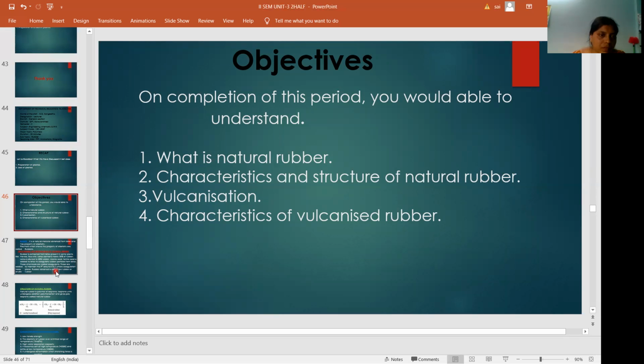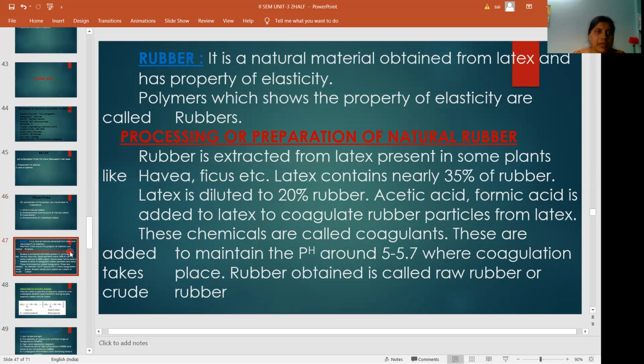Okay. So we'll see first what is meant by rubber. It is a natural material obtained from latex and has the property of elasticity. So how are you getting rubber? It is a natural material obtained from latex. Latex is obtained from trees.